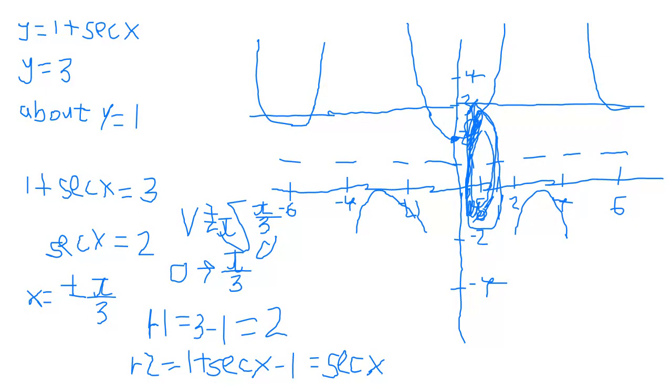And then all we would do is evaluate it. So we'd have this from 2 squared minus secant of x squared dx.